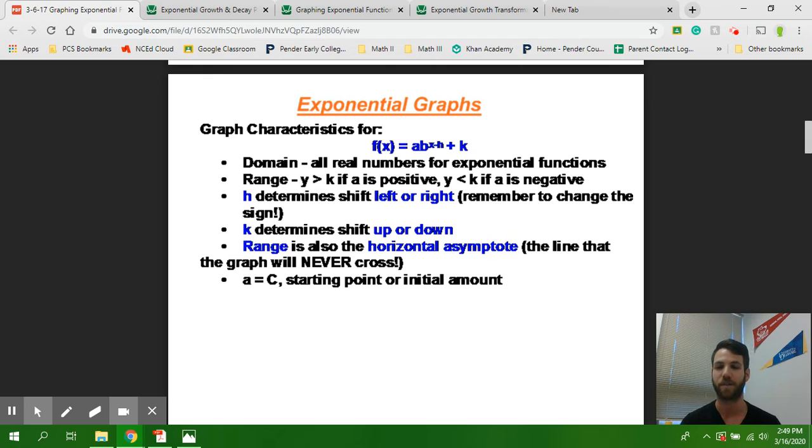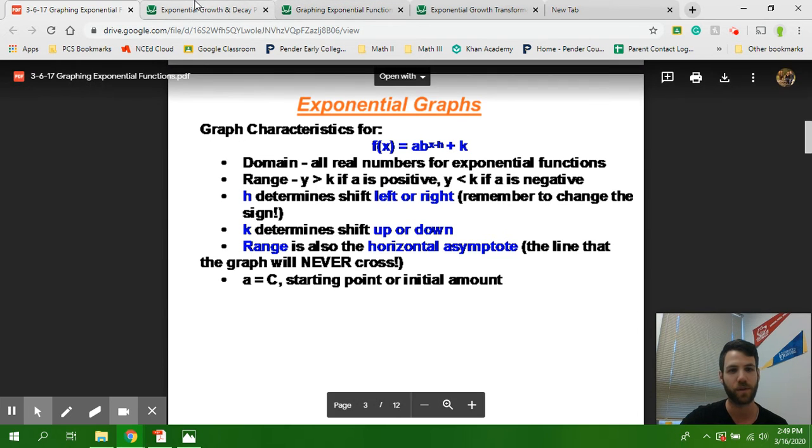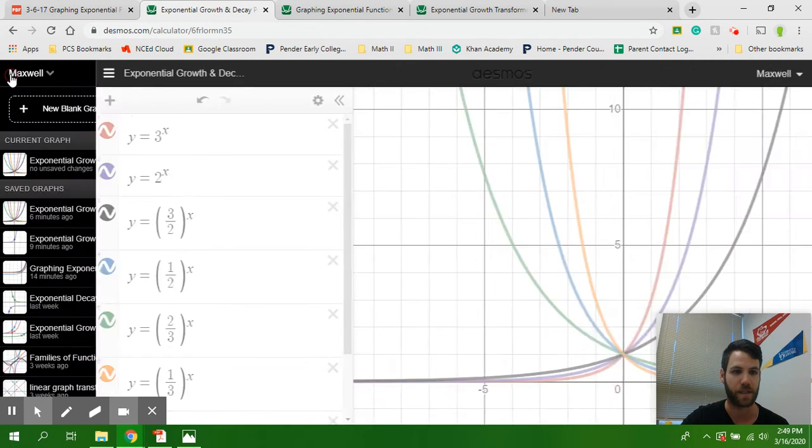And we're going to be looking to find those on our graphs in our examples in a second. We will also be looking for shifts to the left and right, otherwise known as translations. And we will also be looking at shifts up and down, which are also called translations. And we will look at those in the following examples.